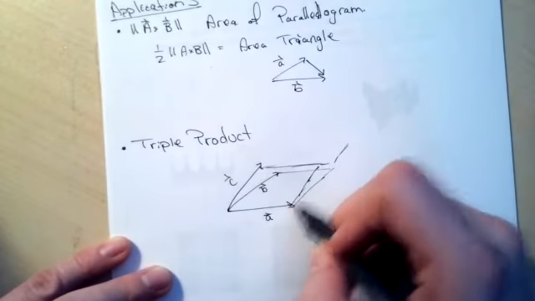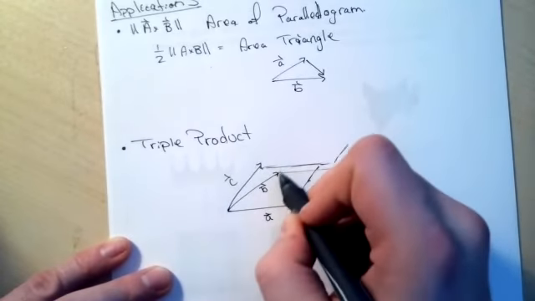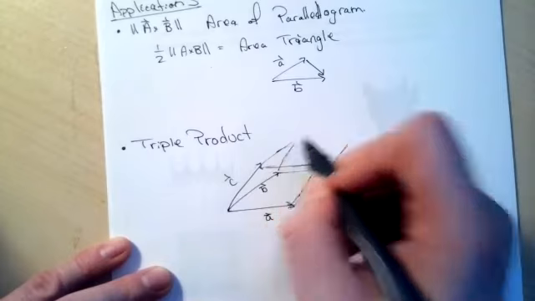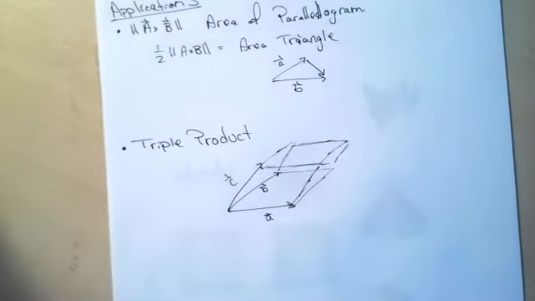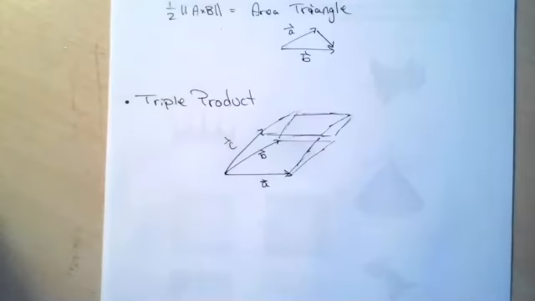So it's going to be a little awkward to draw. Try to draw it quickly here. So not a nice cube or anything. It's like a slanted cube in all directions.